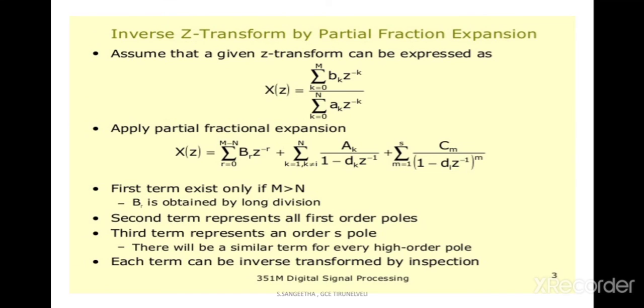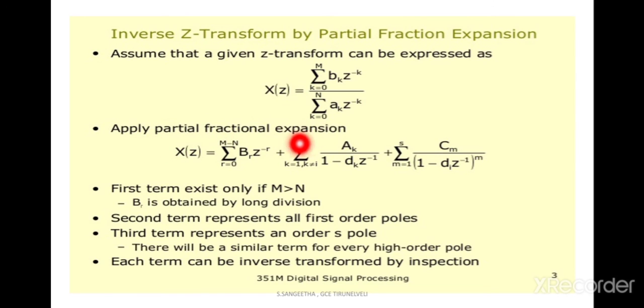So next we are going into the inverse z transform by the partial fraction expansion method. Assume that a given z transform can be expressed as capital X of z is equal to summation of k is equal to 0 to m b k z to the power minus k divided by summation of k is equal to 0 to n a k z to the power minus k.